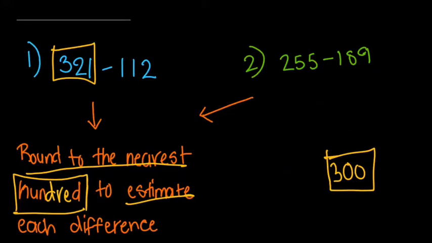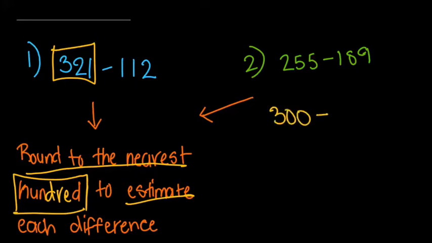Let me erase all this to make some room. So we have 300 minus blank, because we're now going to round the second number, 112. Again, we have to round it to the nearest 100.